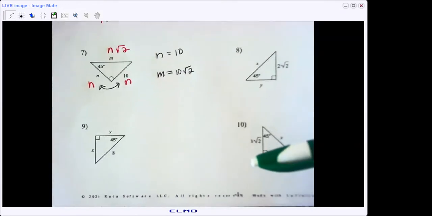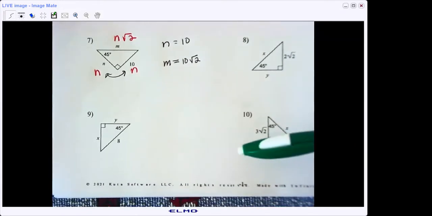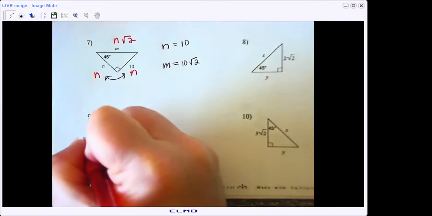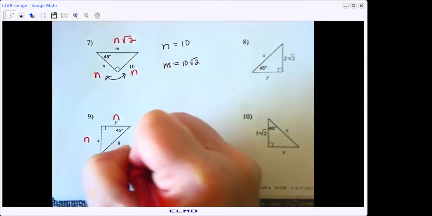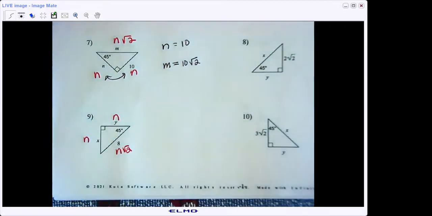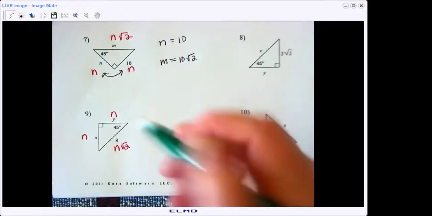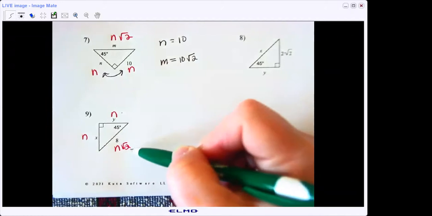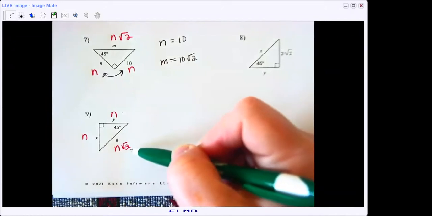Okay, so now it gets to the tricky part. So we're going to label. This is still n, and n root 2. Well, these are going to be the same, but I have a hypotenuse that doesn't have a root 2 in it. So we need to apply the shortcut.